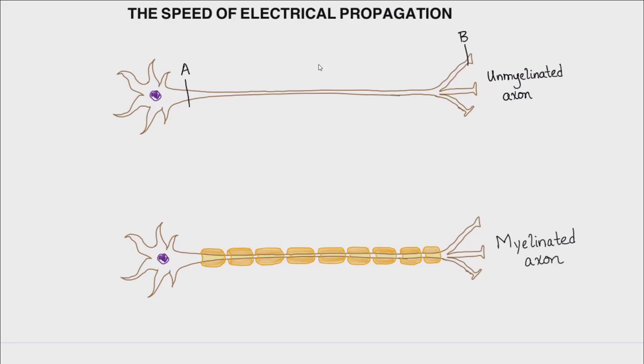While giant squid, for instance, have a 1.5 millimeter diameter axon, human axons are going to be in the micrometers, so much, much smaller. Okay, we simply do not have enough anatomical space in our bodies to allow for the number of giant axons that would be needed for fast electrical propagation through all of our tracts.